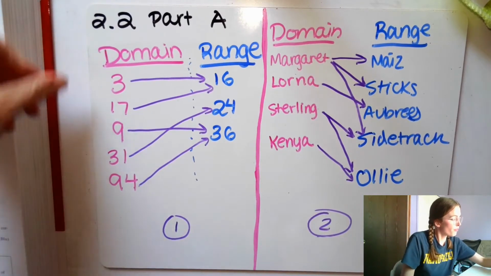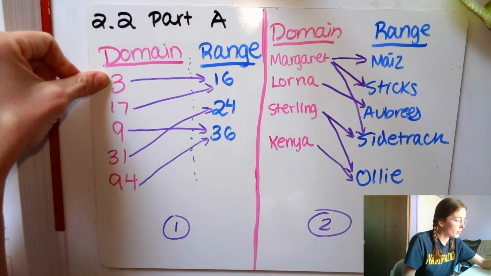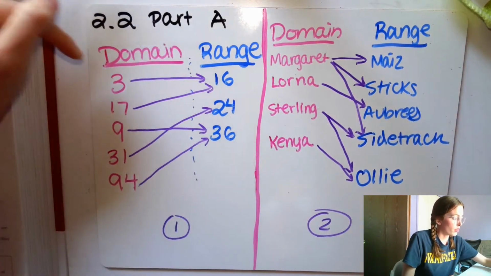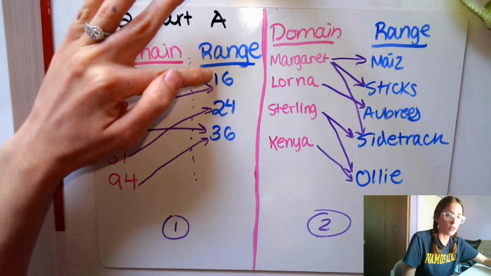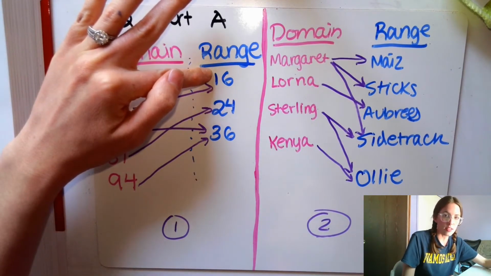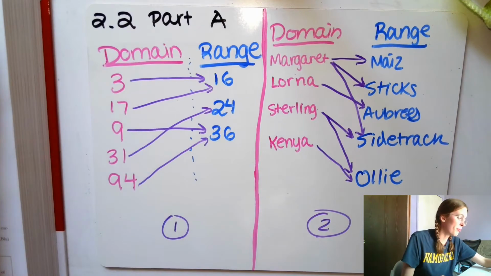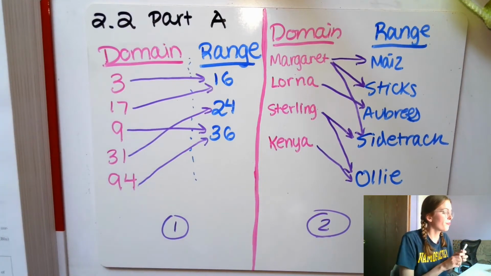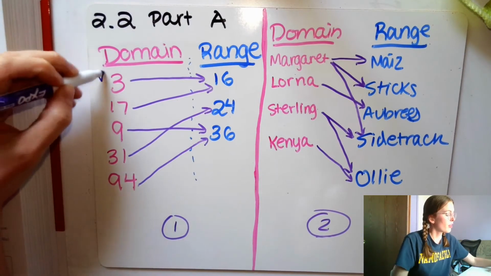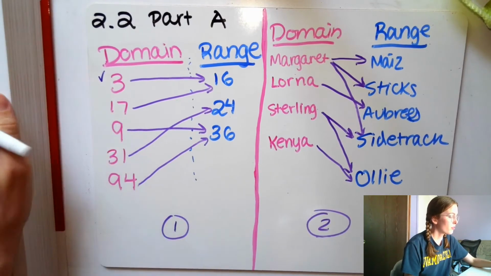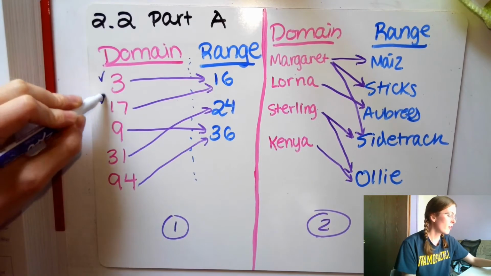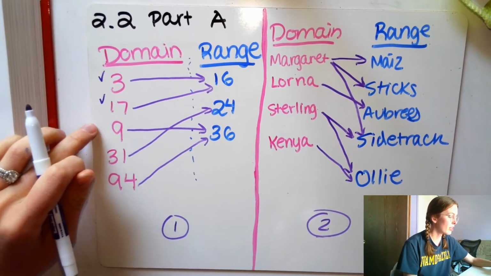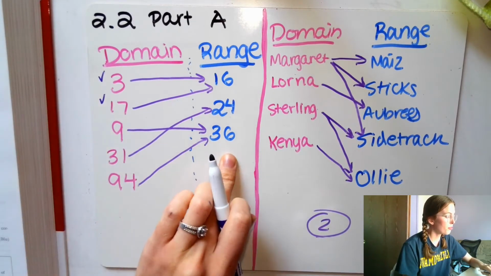So for 3, the input, part of the domain, corresponds to 16. That's its output. Only one output. Okay, so that's good. For 17, we've got one output, 16. Okay, good. For number 9, that's an input, we've got 36 as the output.